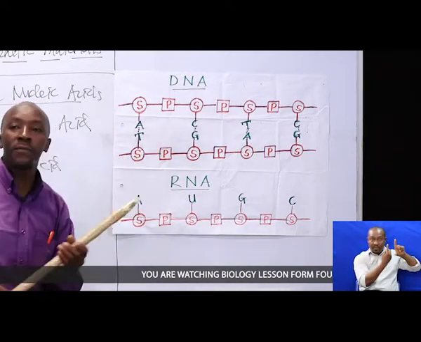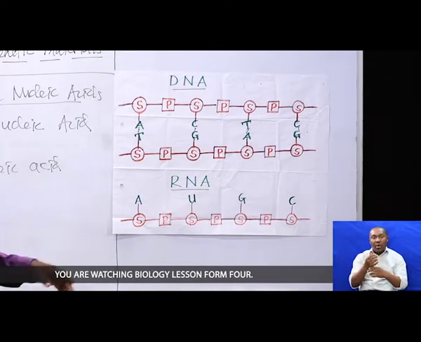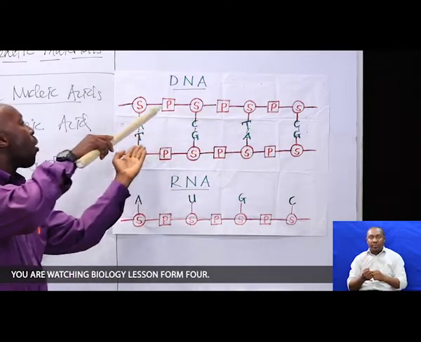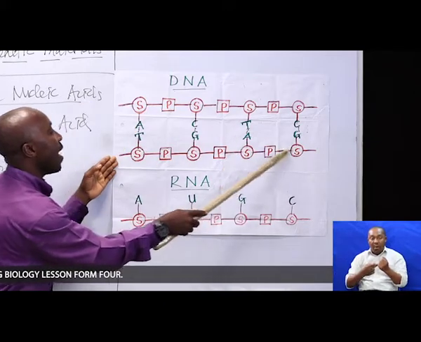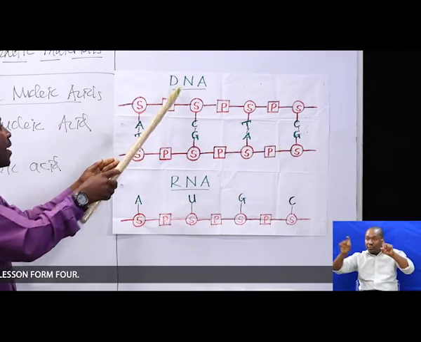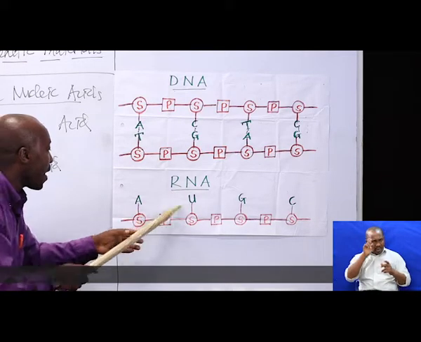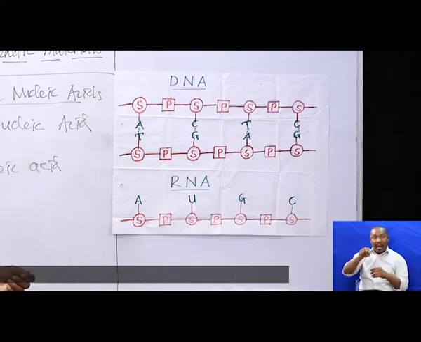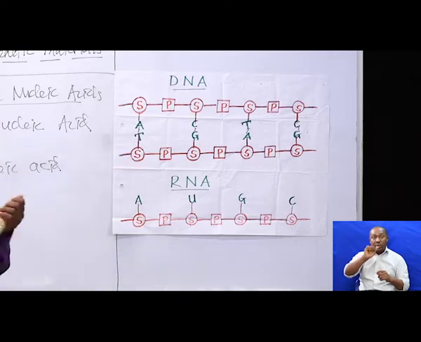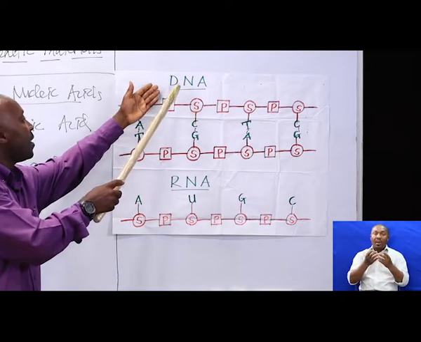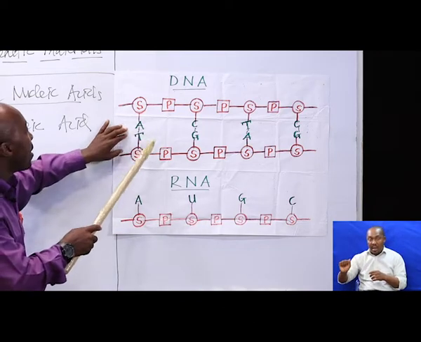It is made up of double strands of nucleotides, one strand and another strand. So DNA is made up of double strands, while RNA is only single strand.